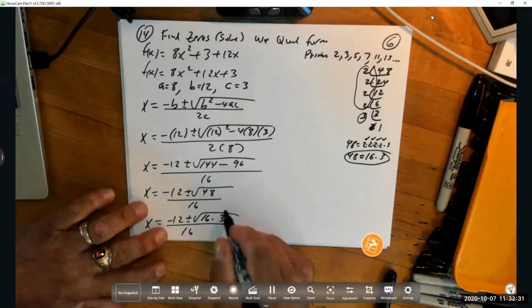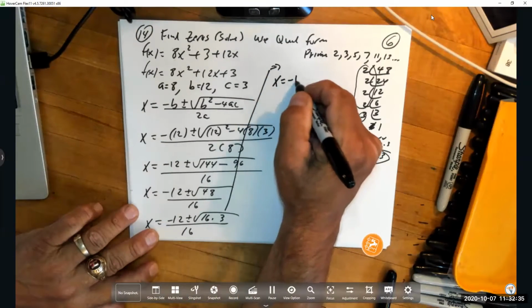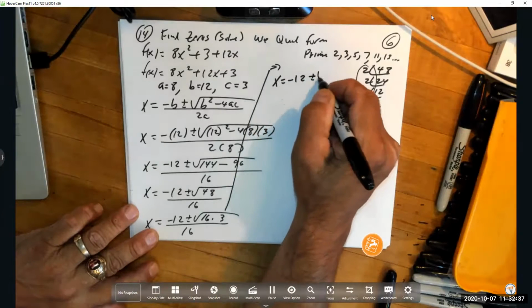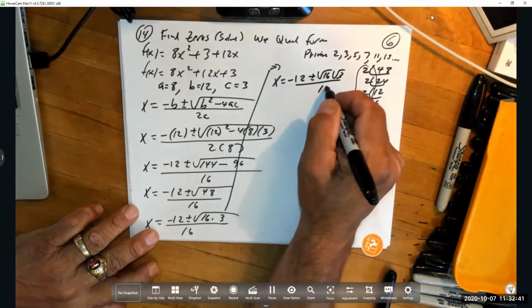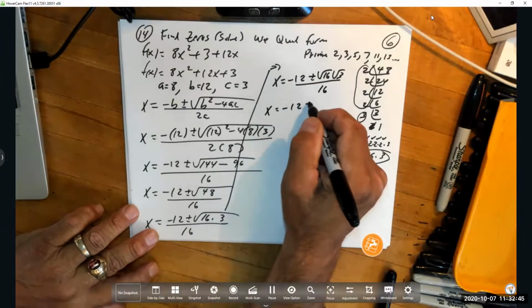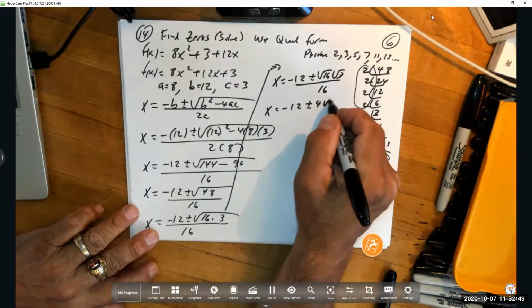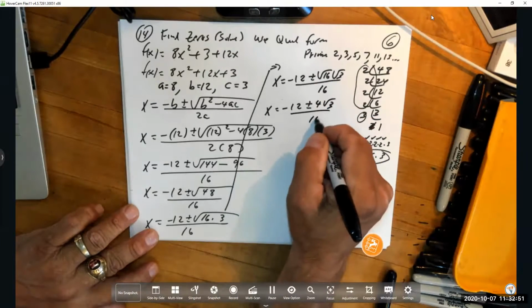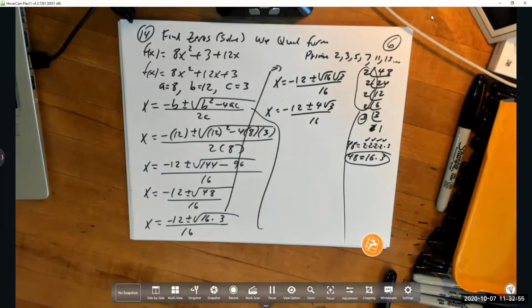And now, back over here. So x is negative 12 plus or minus 16 square root of 3, all over 16. Negative 12 plus or minus square root of 16, which is 4, square root of 3, over 16. So now I'm going to take a 4 out from the top, 4 from the bottom.